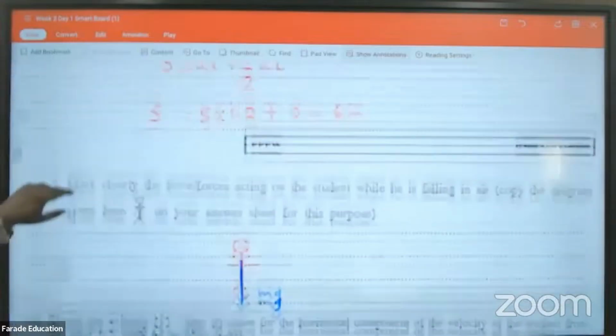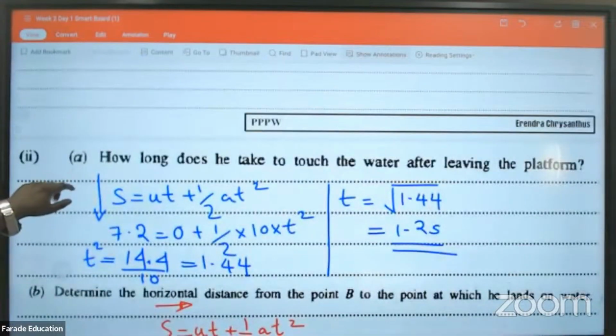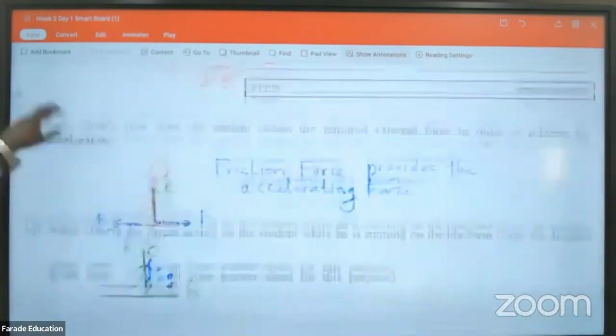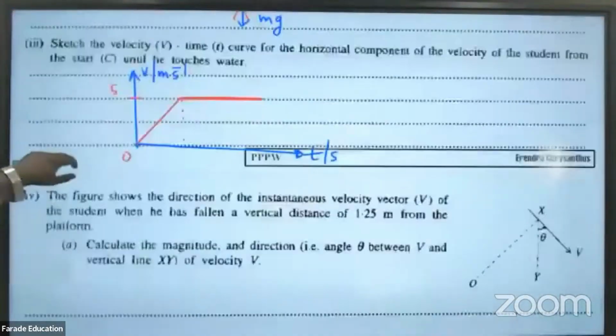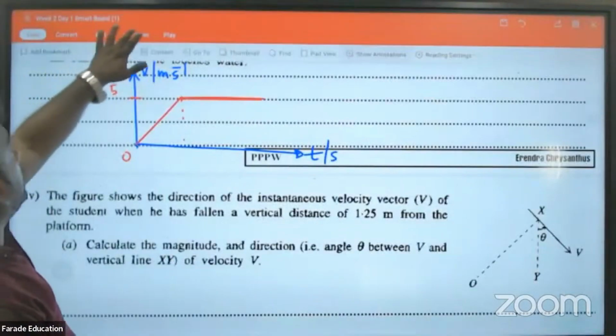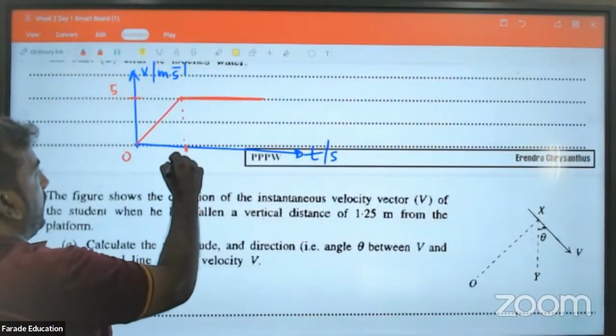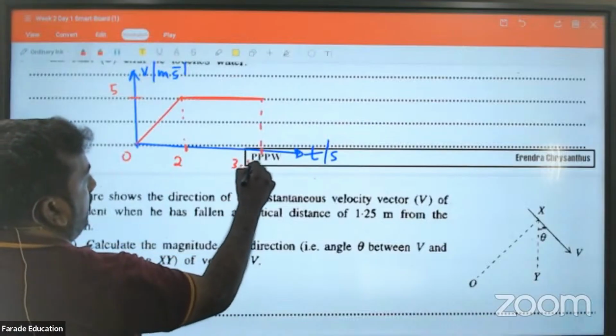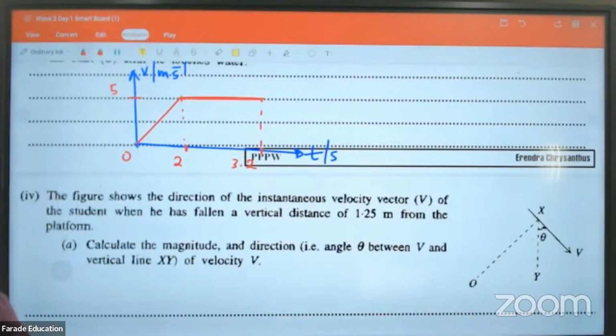Let's look at the times. Time to go forward is 2 seconds, and time to fall down is 1.2. So mark it correctly: 2 seconds, altogether 3.2 seconds.